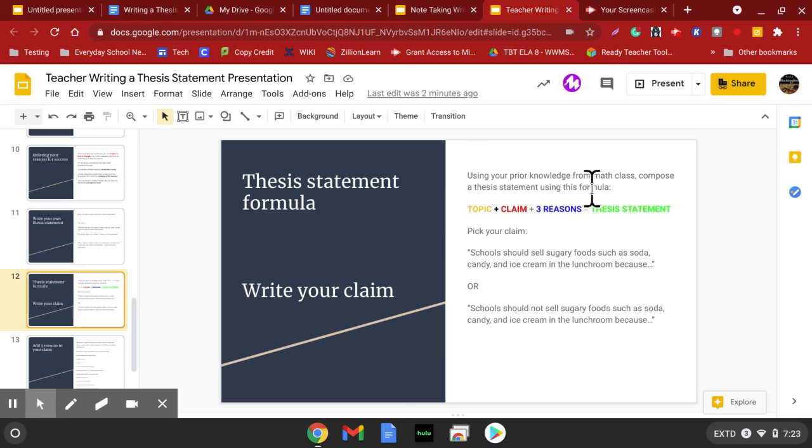Using your prior knowledge from class, compose a thesis statement using this formula. Topic, claim, 3 reasons, then you have your thesis statement, such as schools should sell sugary foods such as soda, candy, and ice cream in the lunchroom because. Or schools should not sell sugary foods such as soda, candy, and ice cream in the lunchroom because.